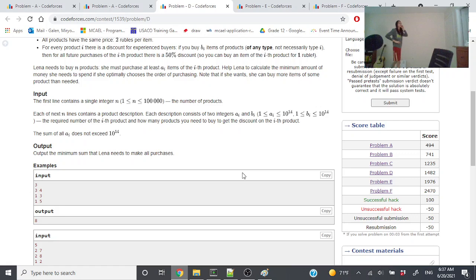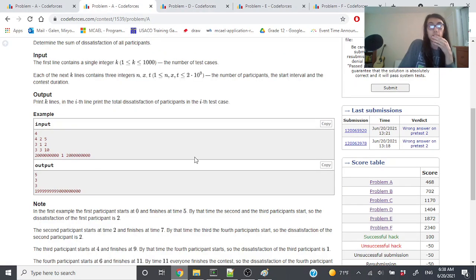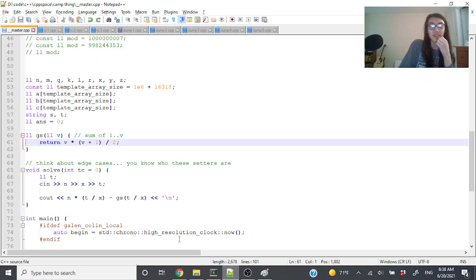Why would you need to buy more items per product? You might as well spend money towards the discount if you want. Assume some sort of exchange arguments. I want to finish N though. Or A, I mean.